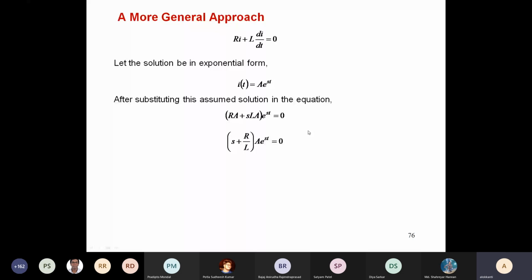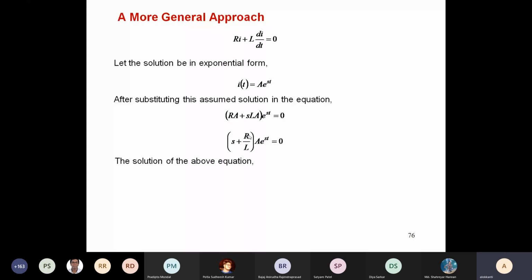The objective is to find an A and s that satisfy this equation. We saw that the equation is (s plus R by L) A e to the power st equal to 0. So mathematically, what will be there on the left side? The variables are s and A.